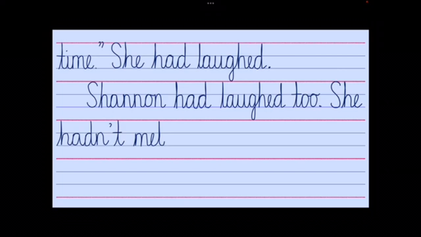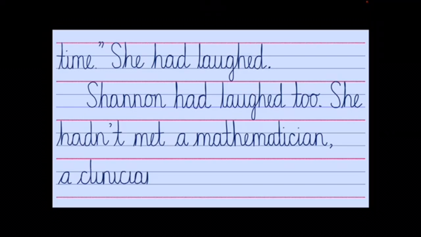And I think we might be about to find out about that mathematician. Mathematician. And well done if you remembered that CI spelling for sh. Because mathematicians would give us answers about maths. A clinician.